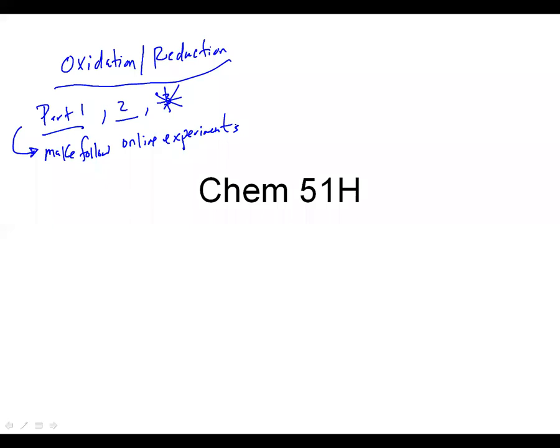So we're going to look at part one and part two in this experiment. For part one, what they did, and what you'll see, is they took a 24 well plate and a bunch of metals.